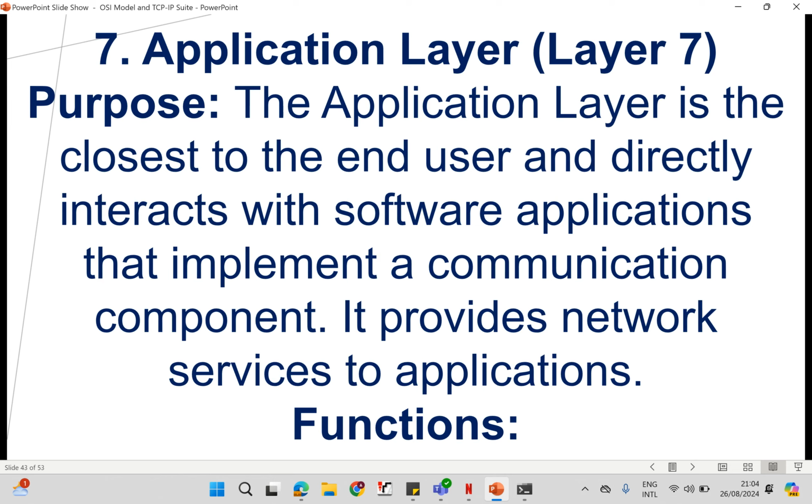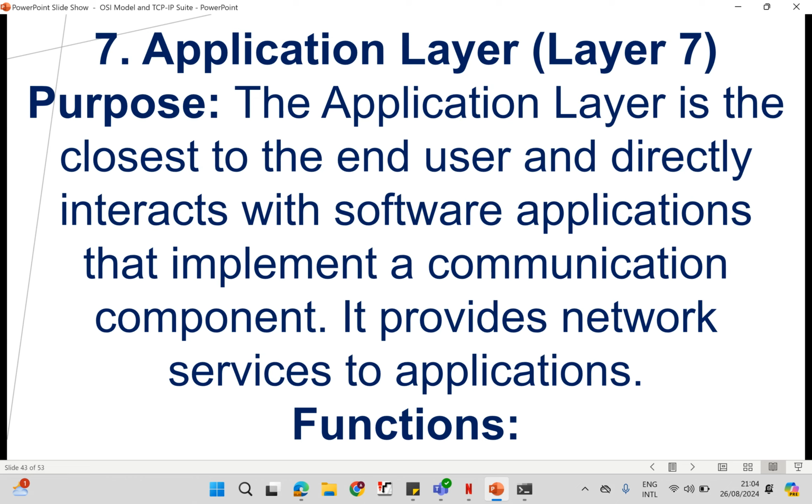Application layer, which is the layer that every one of us always uses. You bring up your phone, you have your applications, you power up the application, you do this, and everything begins to work. So the application layer is the closest to the end user and directly interacts with software applications that implement a communication component.